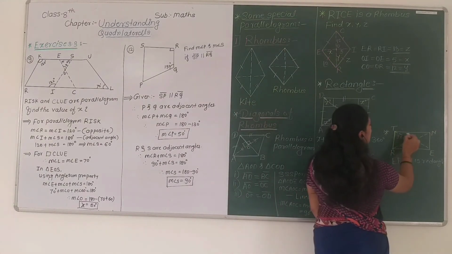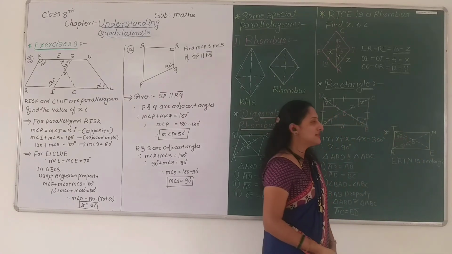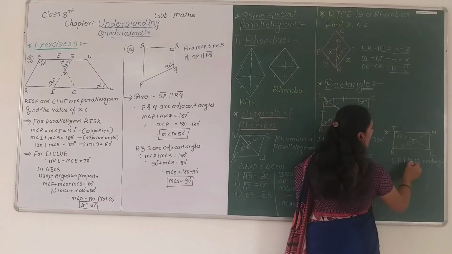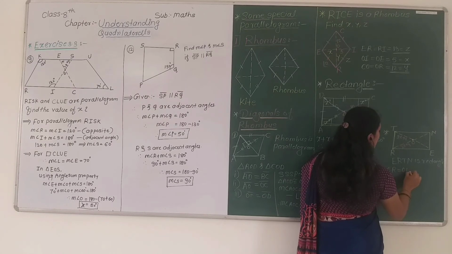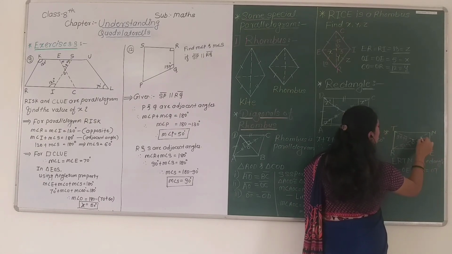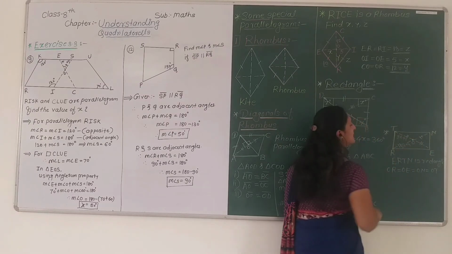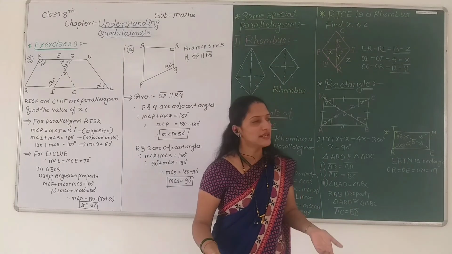Since they bisect each other and have the same length, these two sides, OR and OT, are equal. Since this is a rectangle, we can write OR is equal to OE is equal to OA is equal to OT. All these are the same, since they are of the same length and they bisect each other.